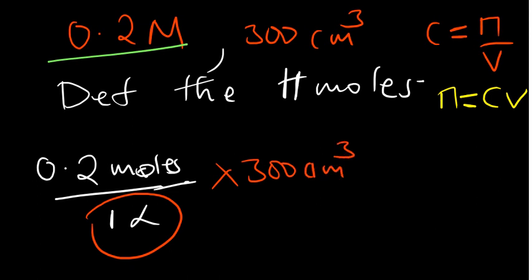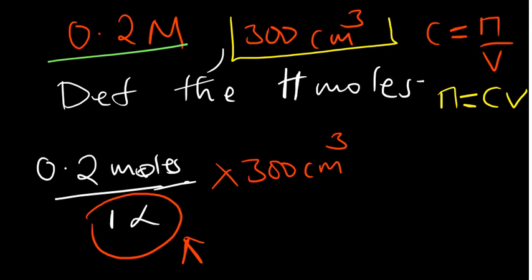So now we are not interested in the cubic centimeters. Why? We want to see a liter, so that it gets to cancel out with the liter on the bottom there. So in short, it requires us to convert the cubic centimeters to liters.